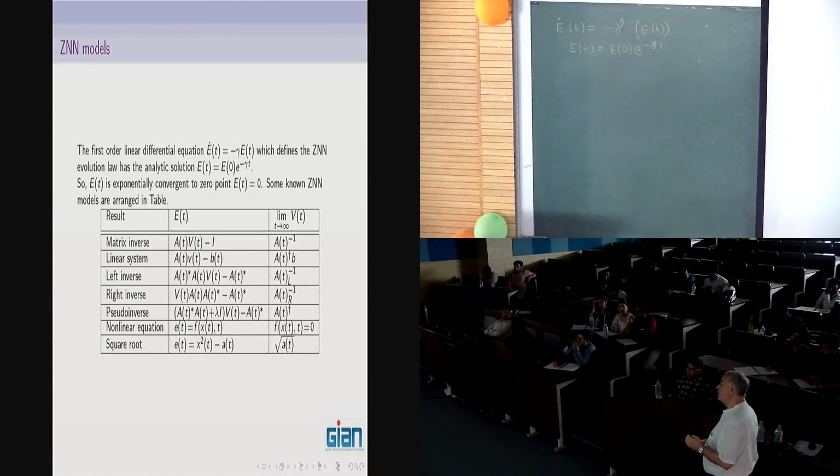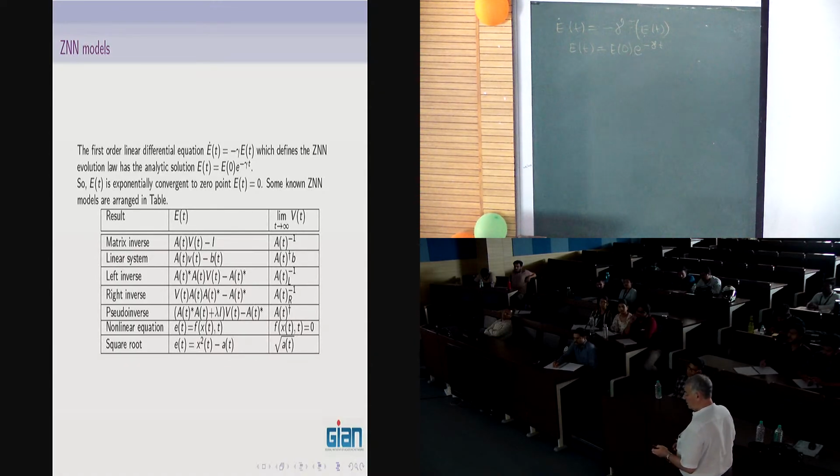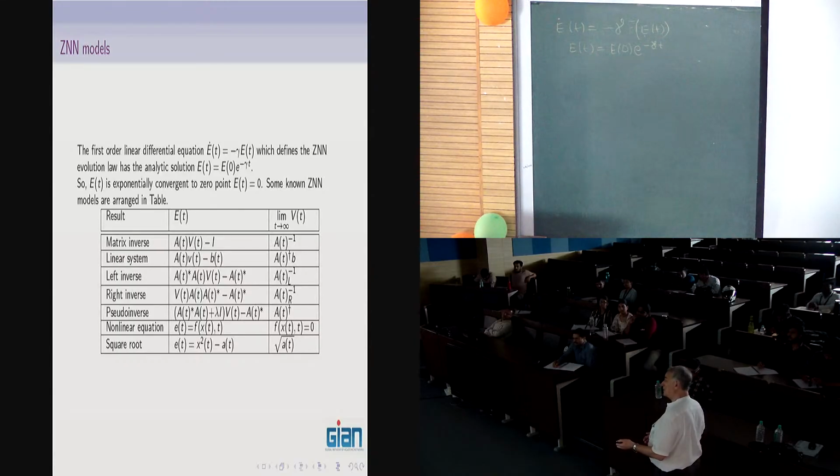And here, we will assume A of t and so on. Only if the expression is complicated and we want to simplify writing, we will skip this notation of time.